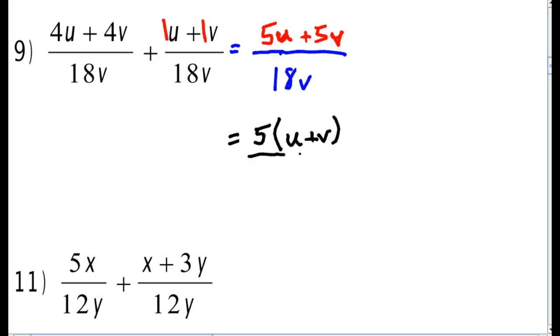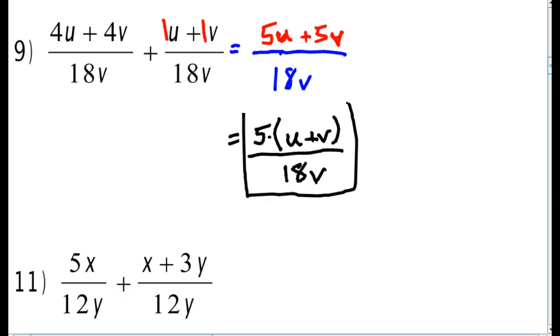And this is where most people fall off. They want to stop right here and say, well, I did something, so I'm done, and not continue all the way. Now, on this one, does anything cancel? No. 5 over 18 doesn't cancel. I can't cancel out the b's, but I still need to factor to see if something does cancel. The only way you know for sure if it cancels is if it's factored.